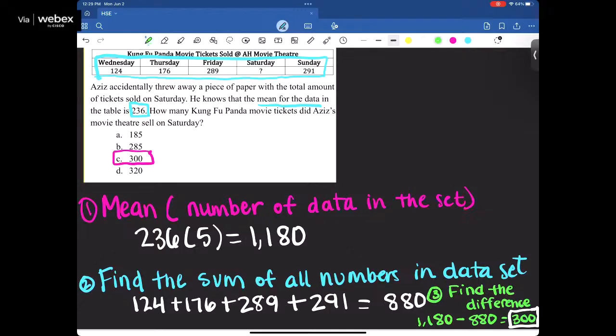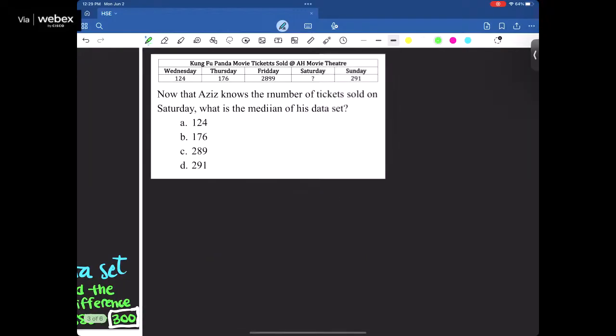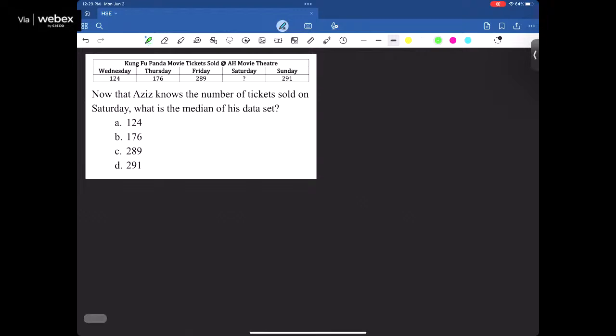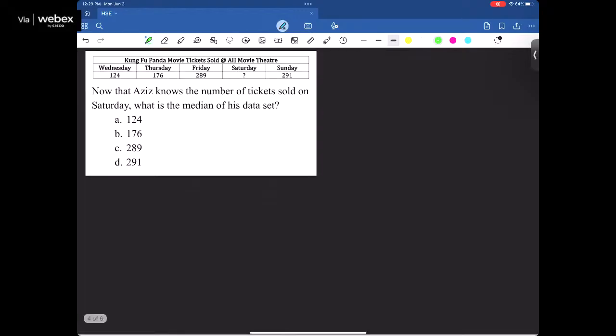Pause this and review as needed, but let's move on if you're ready. Here comes the next question. Now that Aziz knows the number of tickets sold on Saturday, what is the median of his data set? So let's go ahead and put Aziz's numbers all up in that box. Here we go, 300. Now we need to find the median. Remember, the median is the middle number, but we need to put the numbers in numerical order.